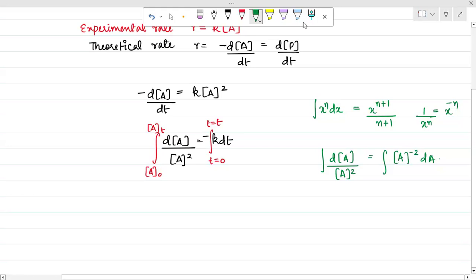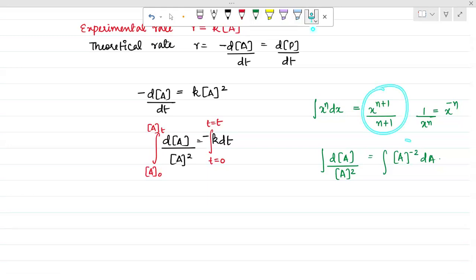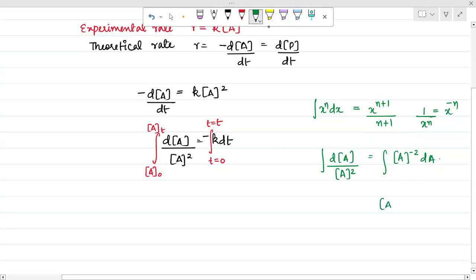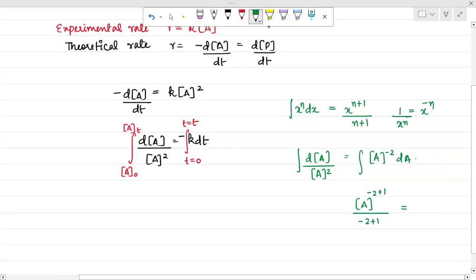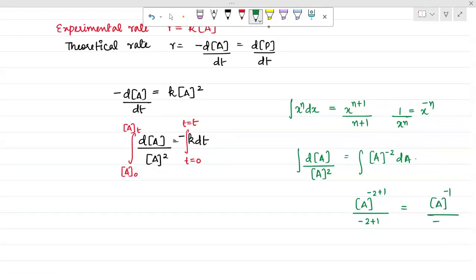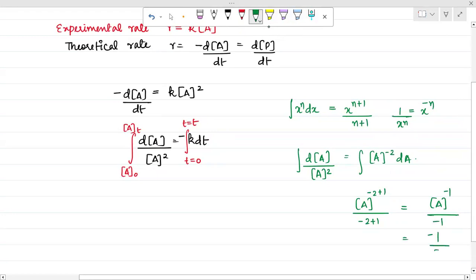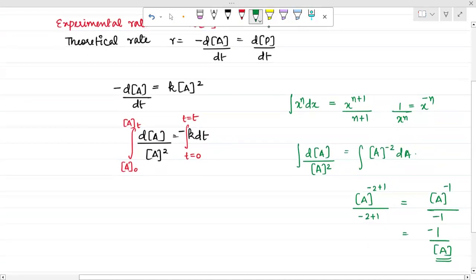Now, if you put this rule over here, what do we get? You get concentration of A to the power minus 2 plus 1 divided by minus 2 plus 1, which is equal to, minus 2 plus 1 is minus 1, denominator is also minus 1, and I can write it as minus 1 by A. Correct?